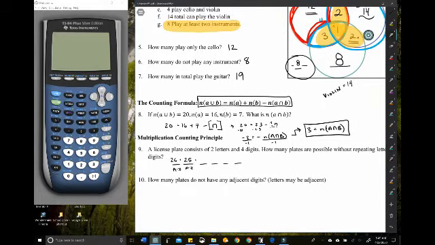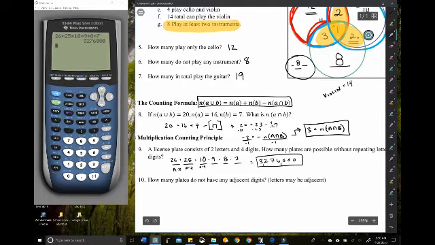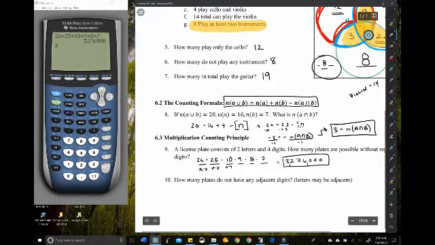For digits, there's 10 total digits, 0 through 9. 9 that I could choose for the next, 8 and 7. So 26 times 25 times 10 times 9 times 8 times 7 is 3,276,000. Okay, that might be something like a fill-in-the-blank type question for you to multiply.